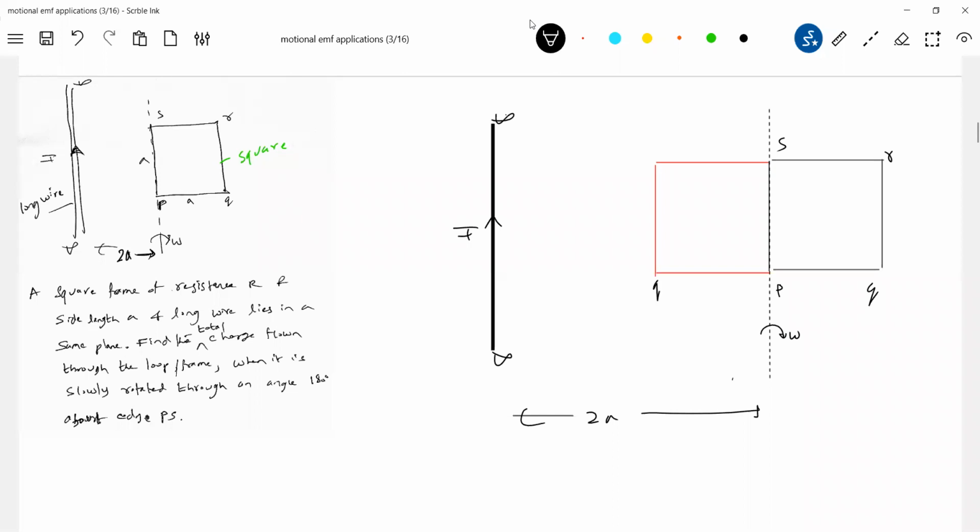So this will become Q and this will become R. Let it be A. Now what is this distance? 2A. The side length is A, so this distance should definitely be A. He's asking what charge has flown through the loop. Meanwhile, this was the square loop.